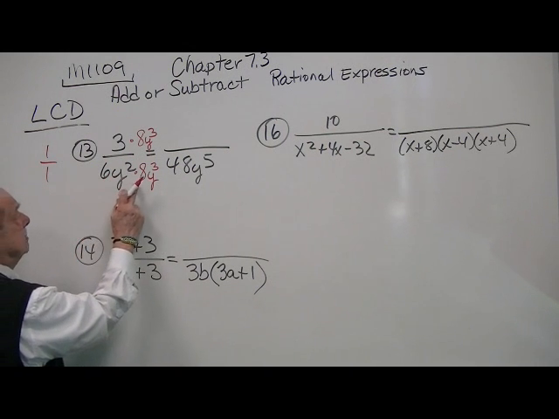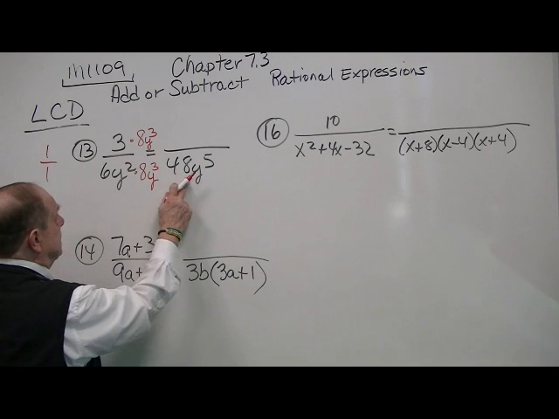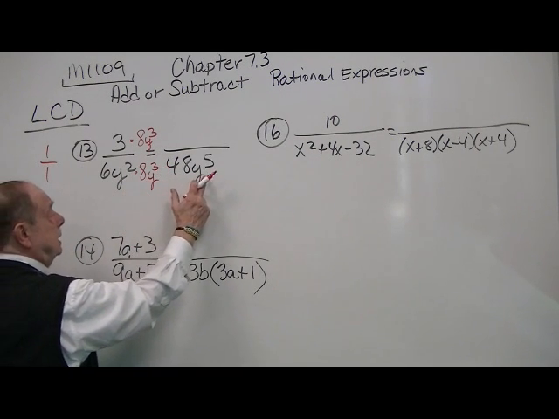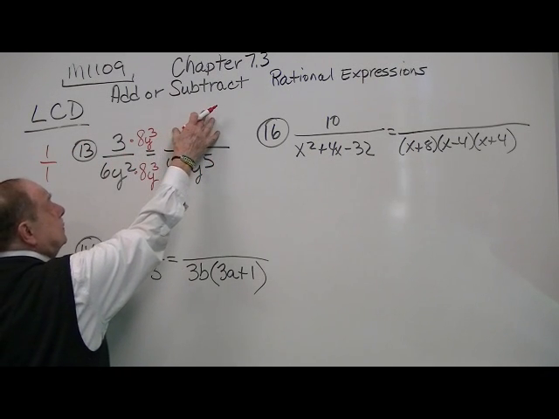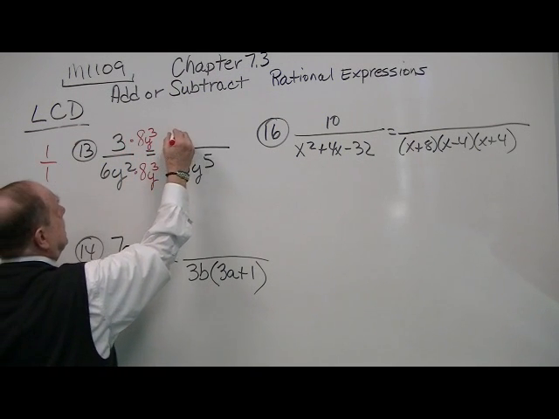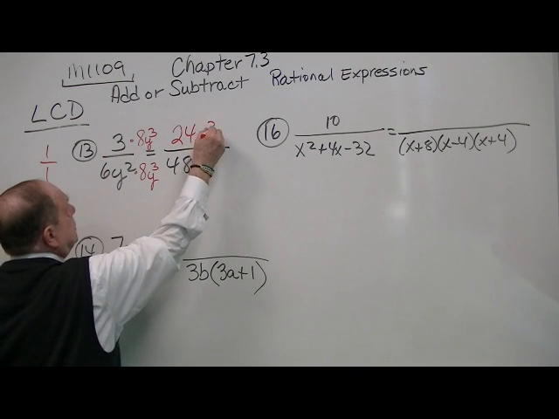So 6 times 8 is 48. Y to the 2nd times y to the 3rd is y to the 5th. So now to get the equivalent numerator, I go 3 times 8 is 24y to the third.